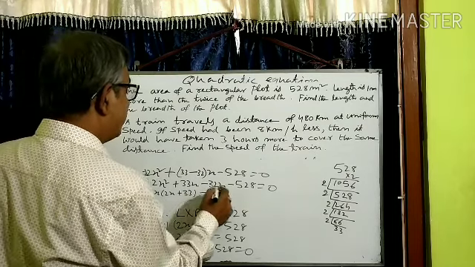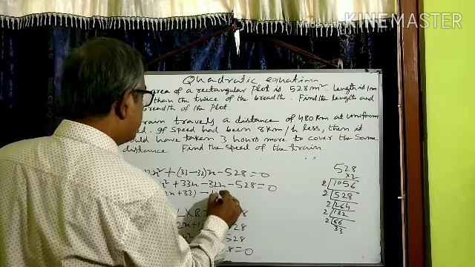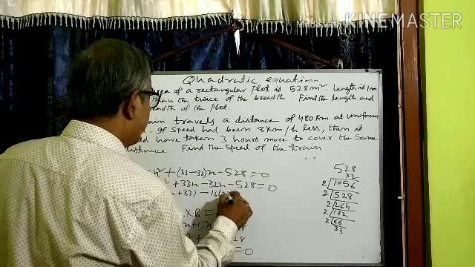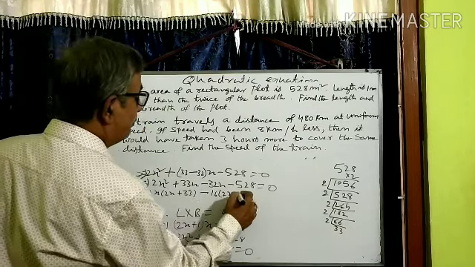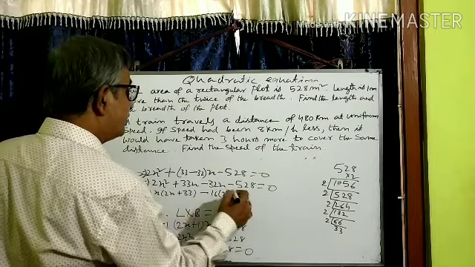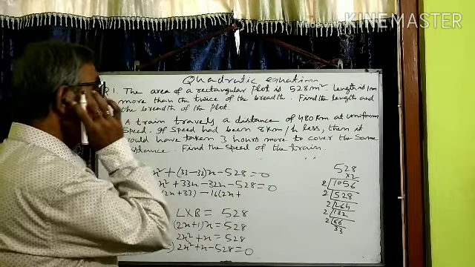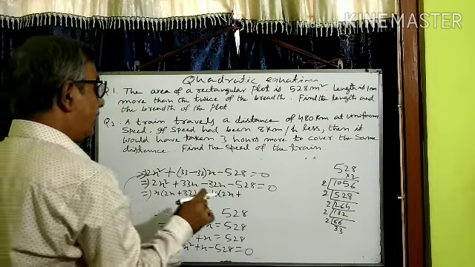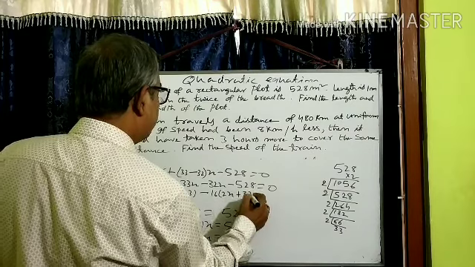You can take 16 common. So 16 twos are 32x. Minus, already you have taken common, so the sign will be changed. 16 into 33, 33 will come here.